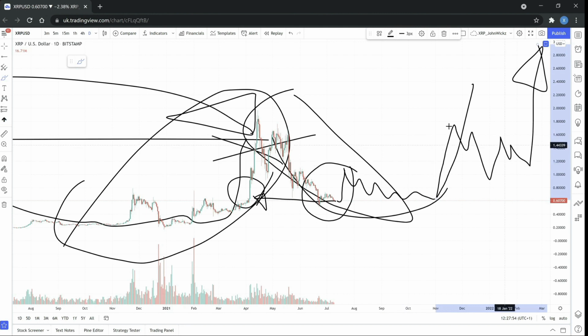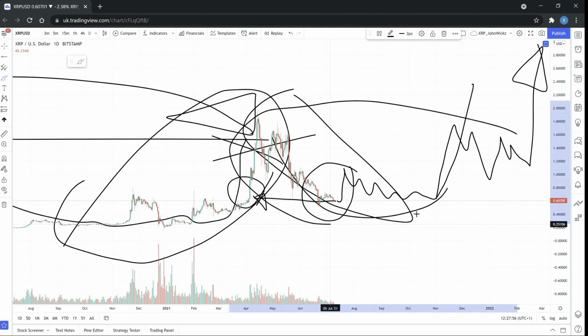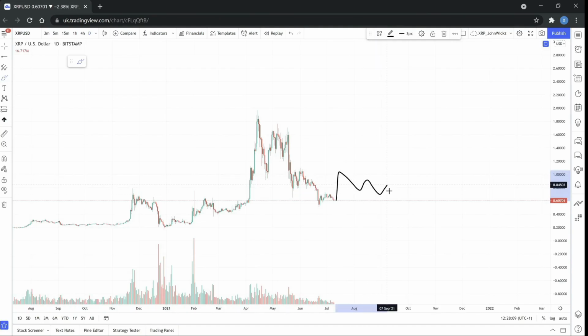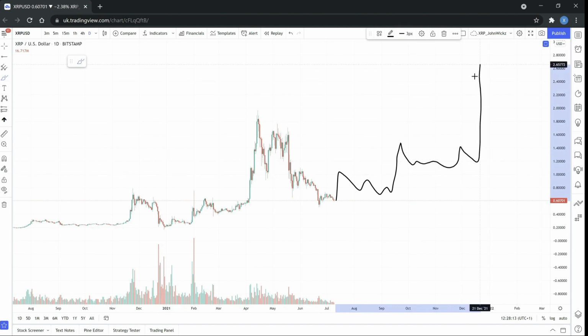But what does this basically lead me to believe? This whole situation here. And I know how messy this looks, so let me delete everything so far. I'm going to draw the same thing back again. So let me explain why a situation like this seems like it could be very probable to me.